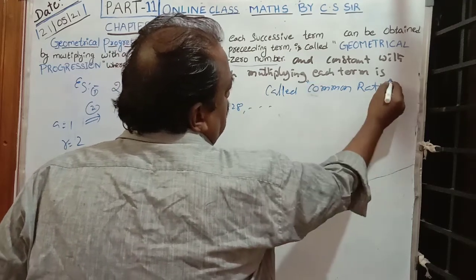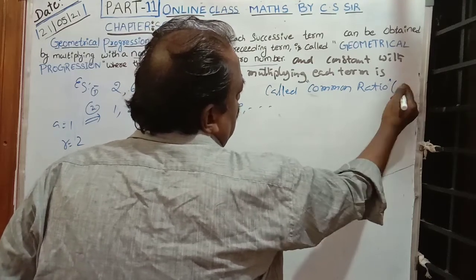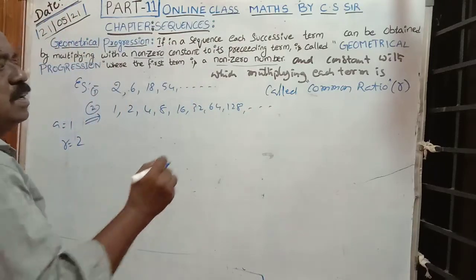It is called the common ratio and it is denoted with a small r. It is important, it is small r.